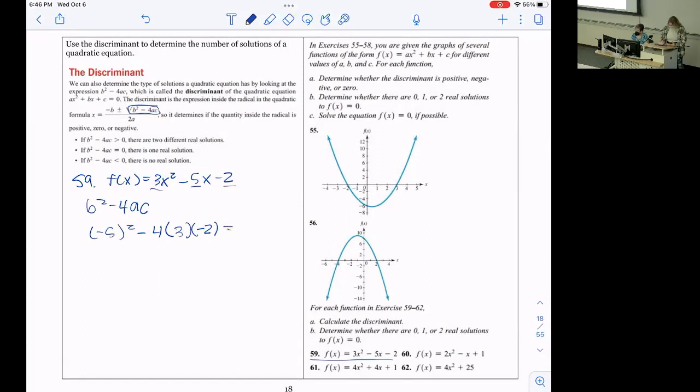That gives us 25 plus 4 times 3, 12, 24. So we will have 49. Since we're given a positive 49, we can see that b squared minus 4ac is greater than 0. So we know that there are two different real solutions.